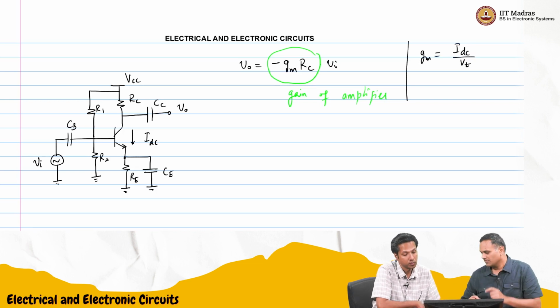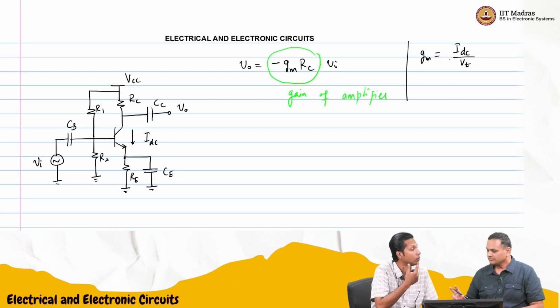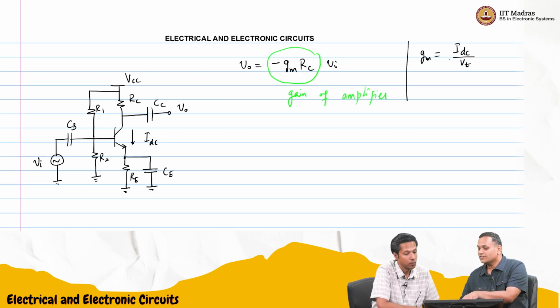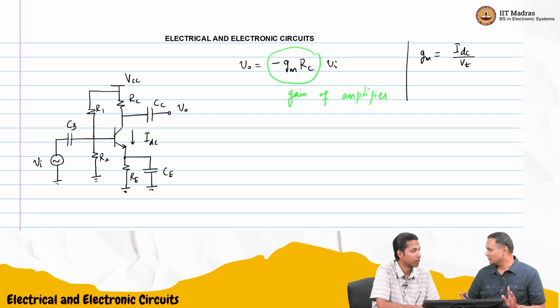It's interesting you asked me to write this. This is useful because if you want to get a particular gain, thermal voltage is always 26 millivolts. You need to burn a certain amount of current, and power. We said that power is VCC times IDC. So you have to burn a certain amount of power to get the gain that you want.